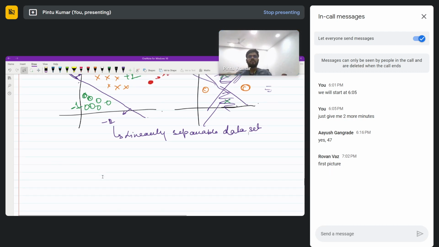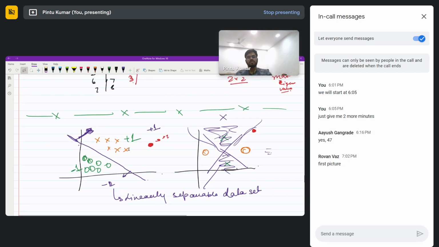Can't we divide into multiple regions? You can divide into multiple regions. In the second case, we can divide into multiple regions, like you have two lines, so we can say if the point is near X, it can belong to the plus one class, and if below that line, then it might belong to the minus one class.